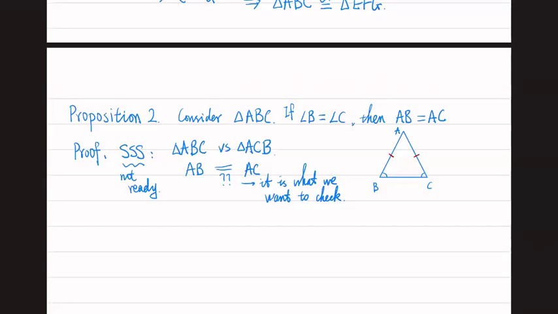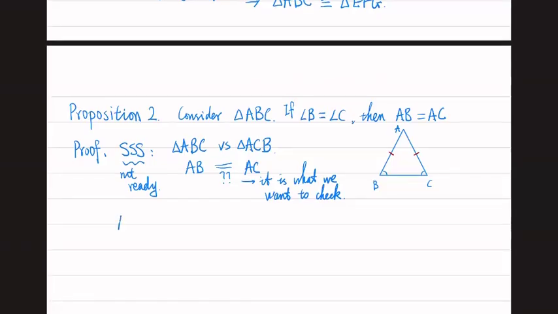What else could we apply? How to justify, how to check these two triangles are congruent? The ASA theorem, I guess. Okay, the second attempt by ASA. Okay, what's the side?